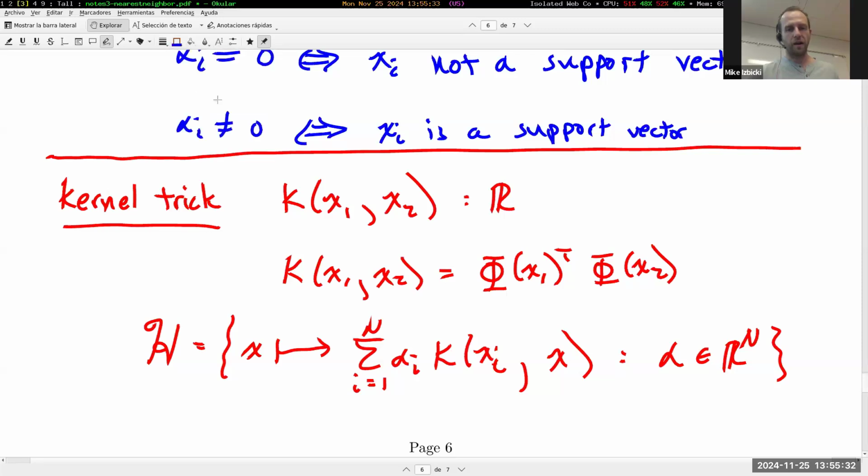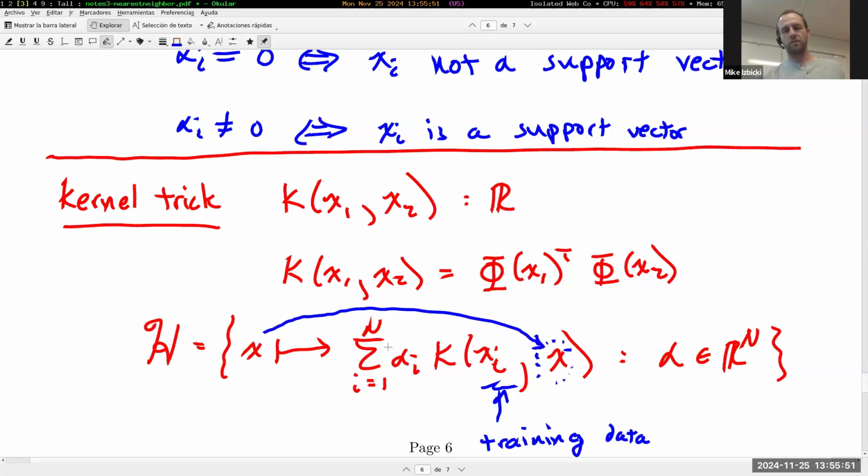Again, the x sub i's come from the training data. And this x without a subscript is the input to our function.